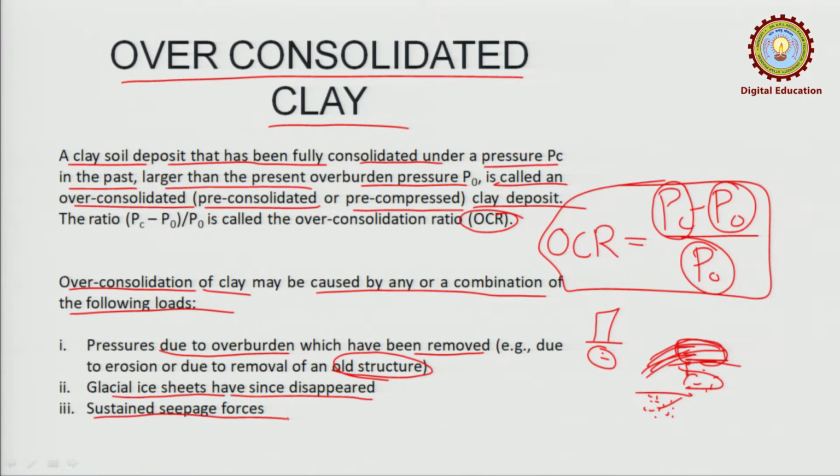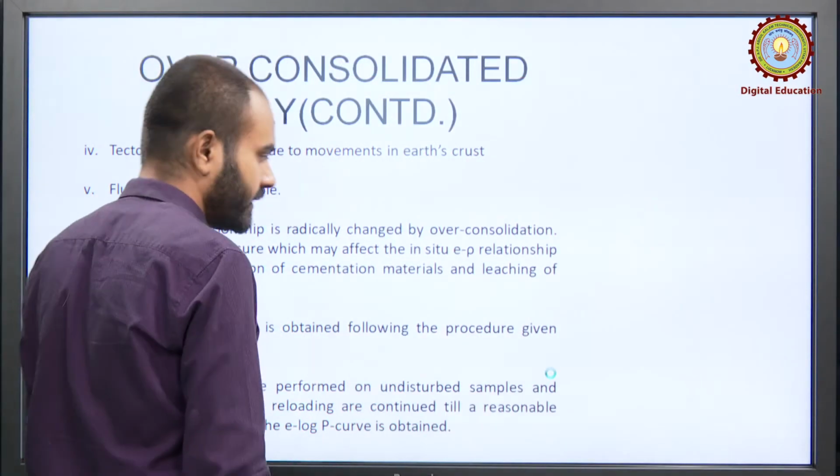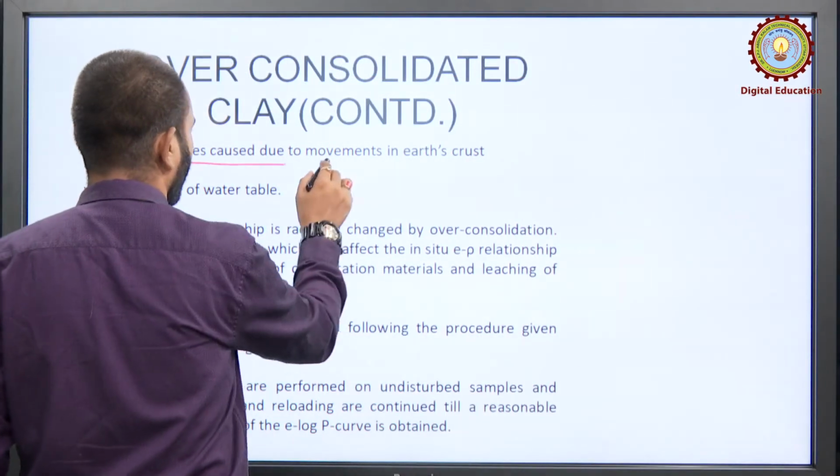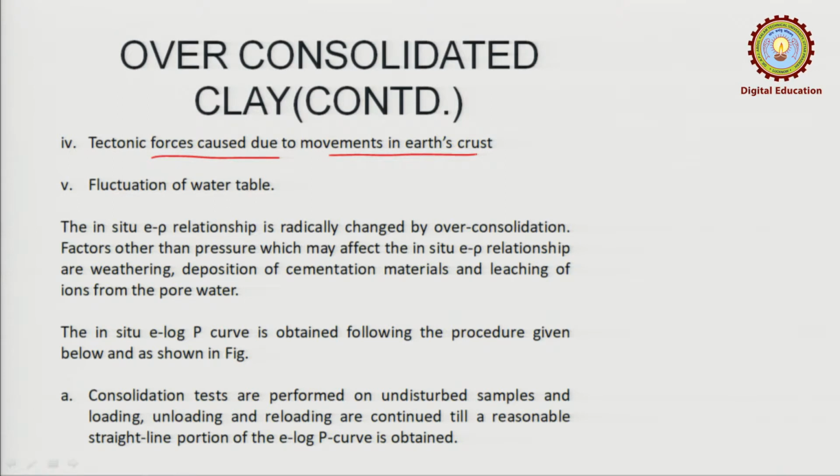Sustained seepage forces, what does this mean? If this is a soil, and seepage is taking place like this. What is seepage? Seepage means the movement of water in this direction. If water moves downward, it will exert pressure on the soil skeleton. That is what it is talking about. Then tectonic forces or earthquakes and so on may also cause over consolidation.